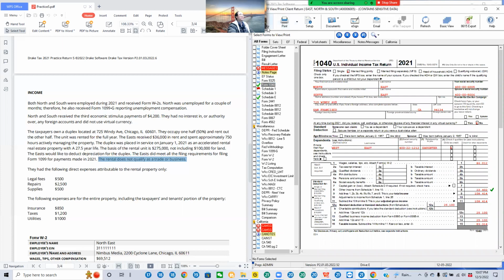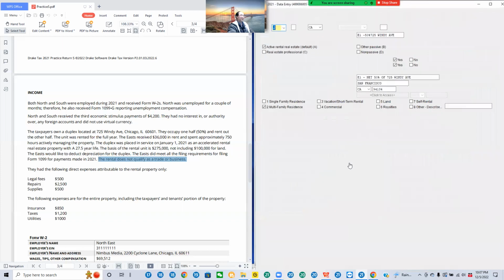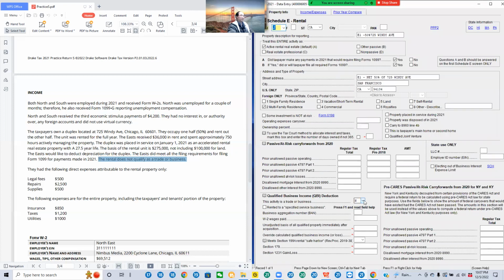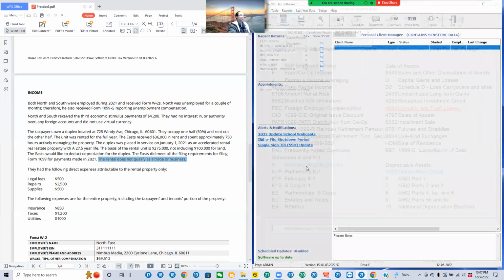Now, do you remember there's a question in here whether or not they qualify as a trade or business? The matter is, you see line 13 in here is empty. Now, what if they qualify? Let's say we assume they qualify.